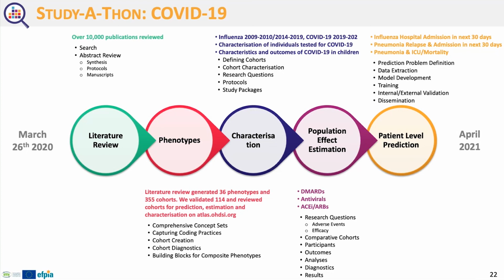And the work that I was more involved in was the population effect estimation, where we looked at the historical safety of certain drugs that at the time in March 2020 were becoming increasingly used in an attempt to increase survival. And that certainly was a huge undertaking, and also was hugely satisfying to be able to work across countries, across huge geographical areas in order to determine whether this was safe or not.